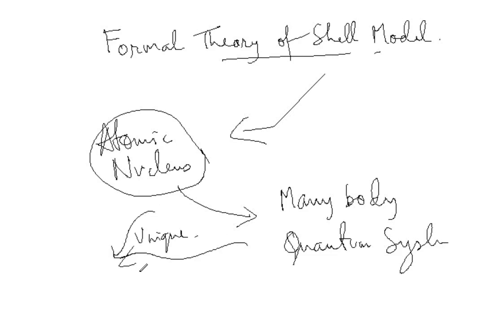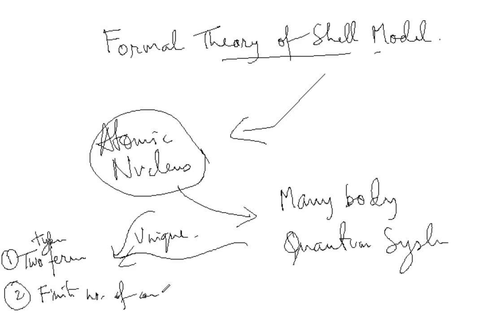It is unique in the sense that it consists of two types of fermions, protons and neutrons. Also, another point is that there are finite number of constituents inside this nucleus. Now, when I say finite, what I mean to say is that the number of nucleons is too few to be treated statistically.